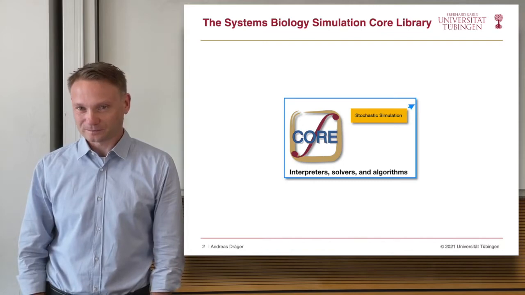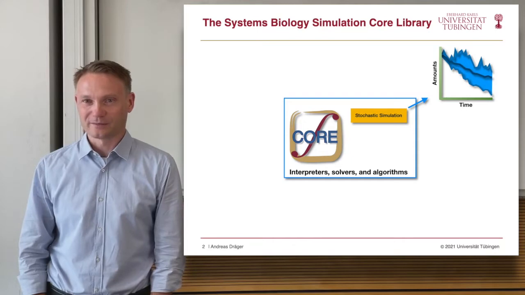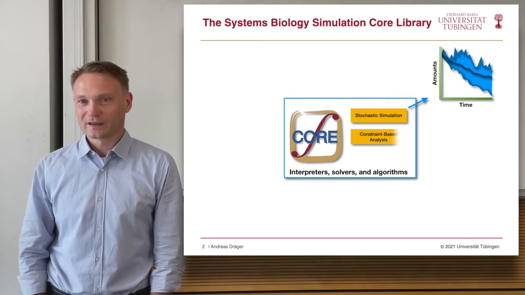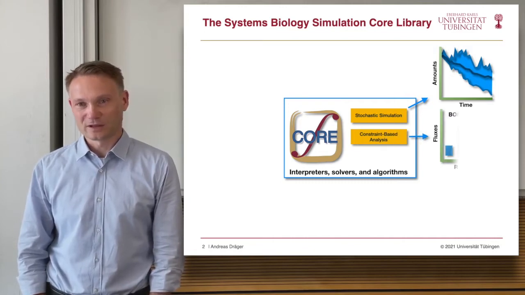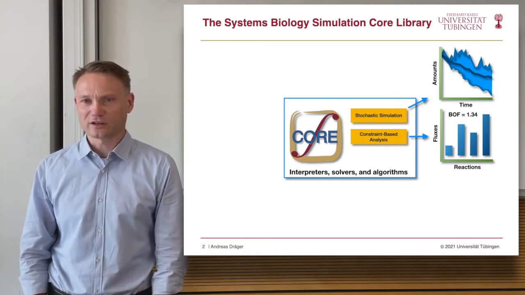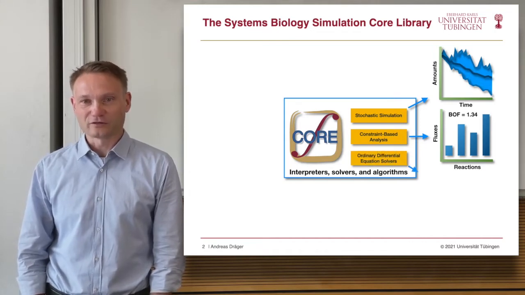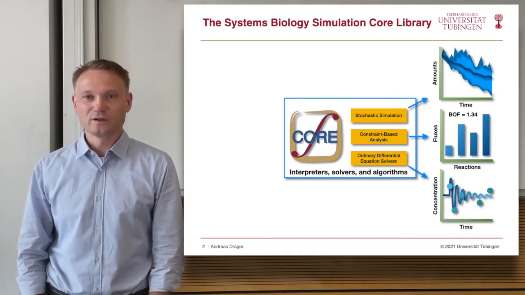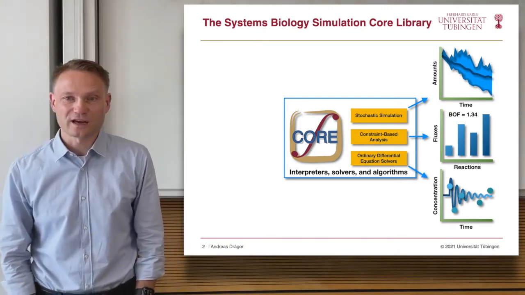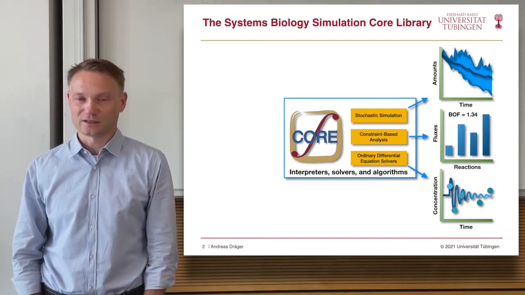For instance, in stochastic systems, if you want to solve systems with time and get amounts of molecules out, or do constraint-based analyses, which will give you a flux distribution with a certain biomass objective function or other objectives that you might have in your model, and then also ordinary differential equation solvers are included in the Systems Biology Simulation Core Library. So that gives you concentration versus time in an ordinary differential equation framework with continuous equations.